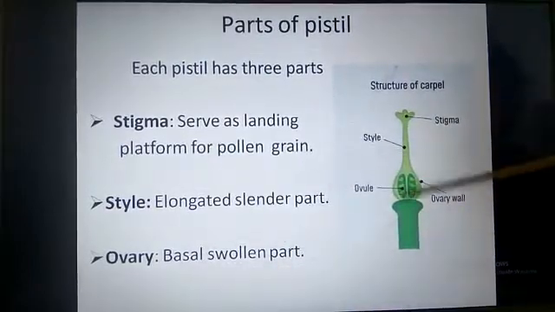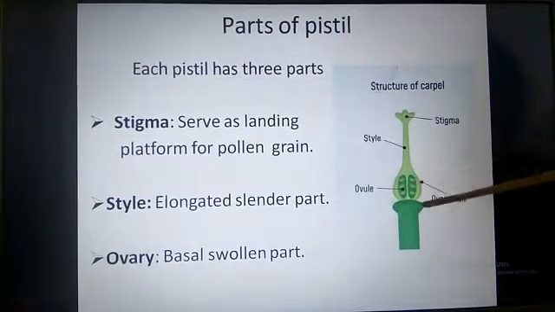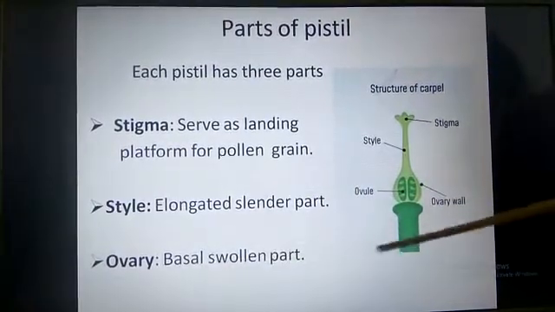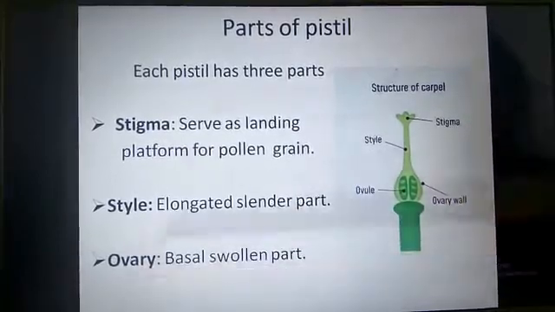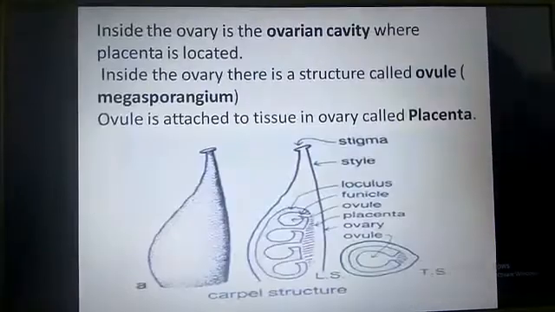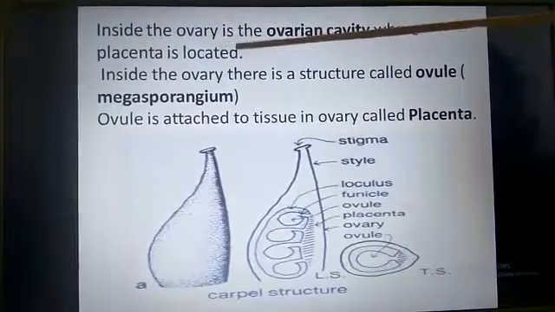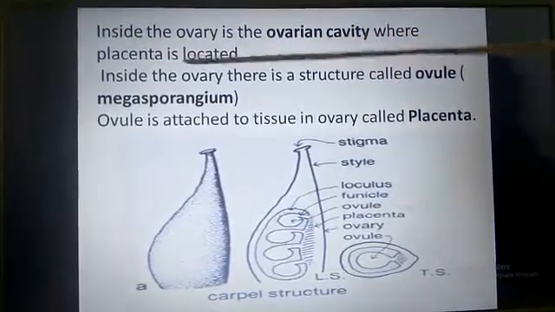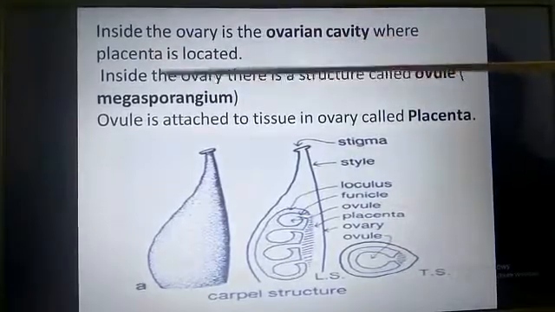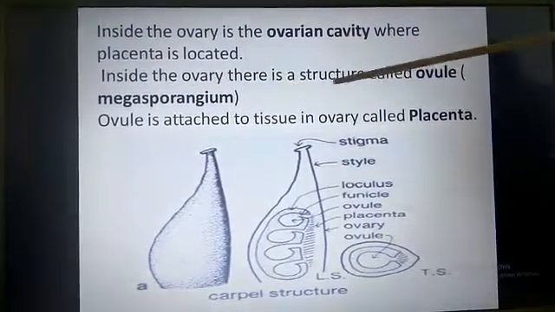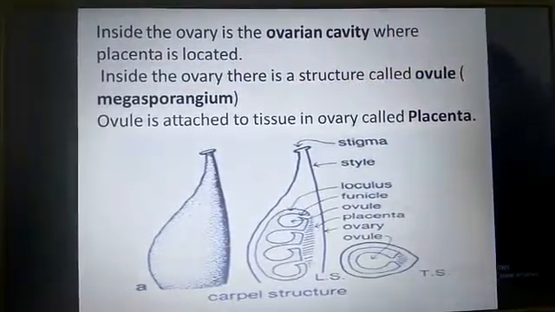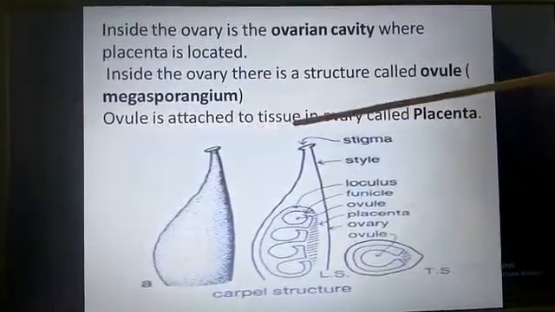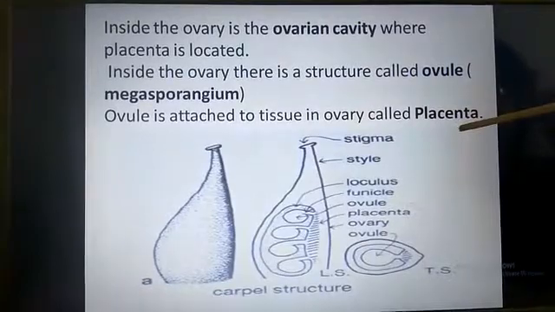And the lowermost part of the pistil is the swollen part called ovary. Inside the ovary is the ovarian cavity where the placenta is located. Inside the ovary, there is also a structure called ovule or megasporangium. This ovule is attached to a tissue in the ovary called placenta.